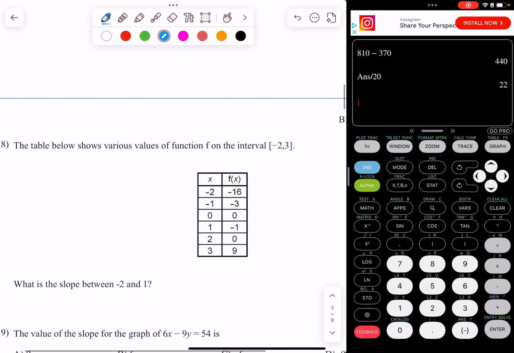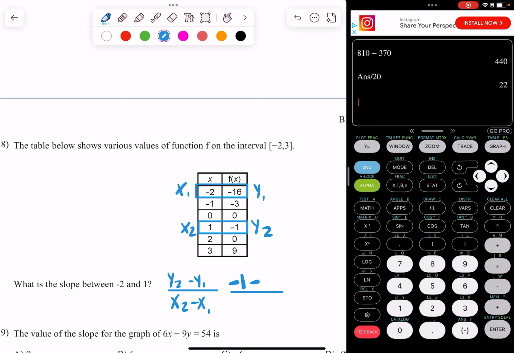All right, between -2, it says what is the slope of -2 and 1. So again, this is your first x and your second x, your first y and your second y. And the formula should feel very, very repetitive right now. First things first, we put our y2, which is -1, minus our y1, which is -16.